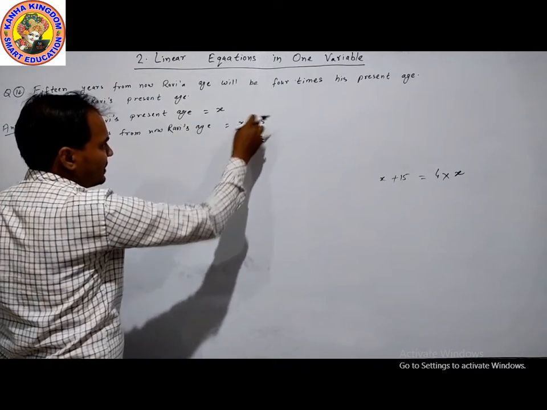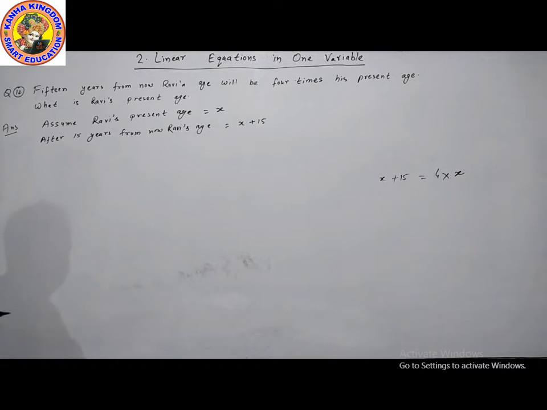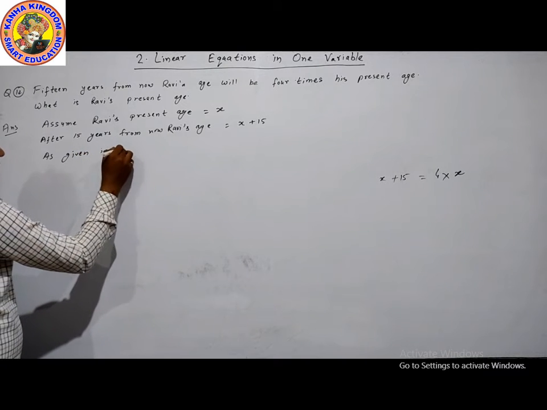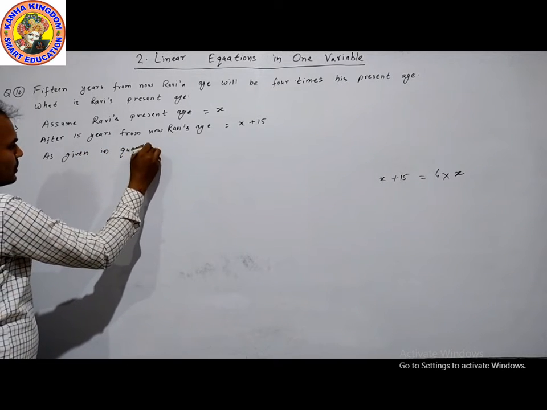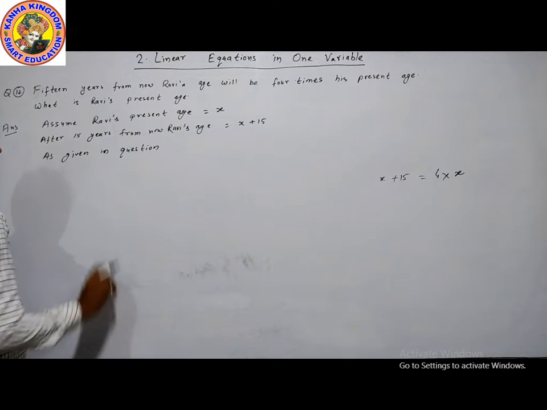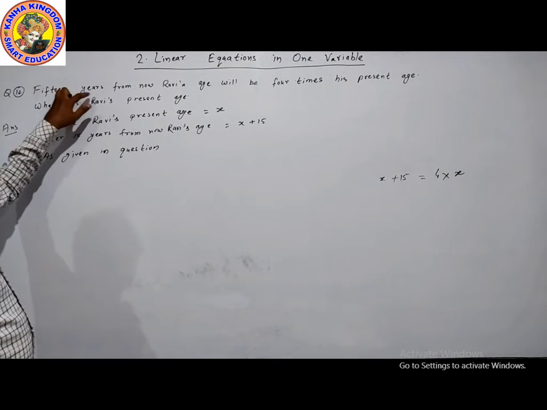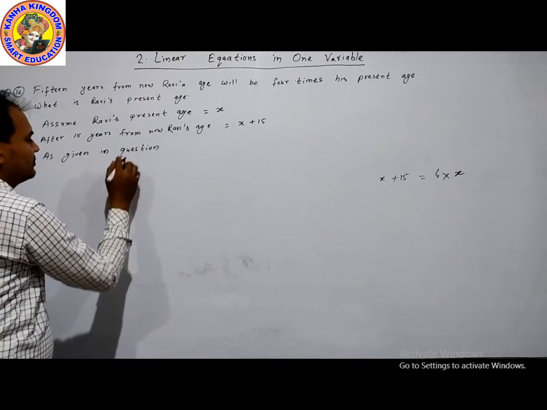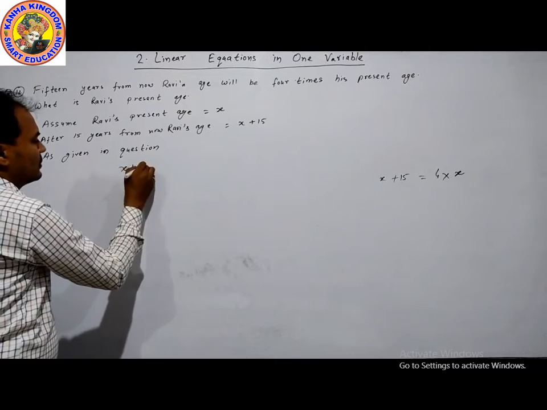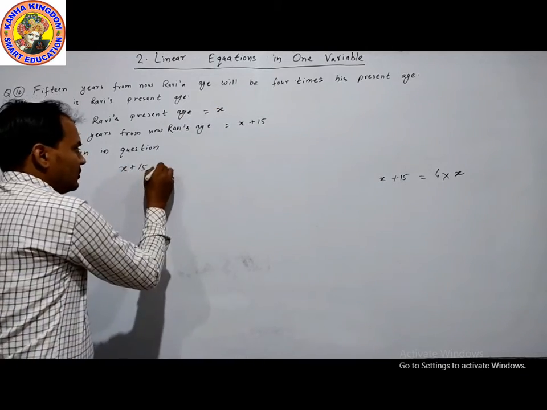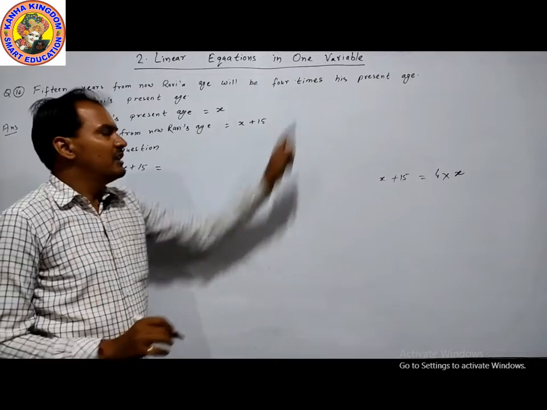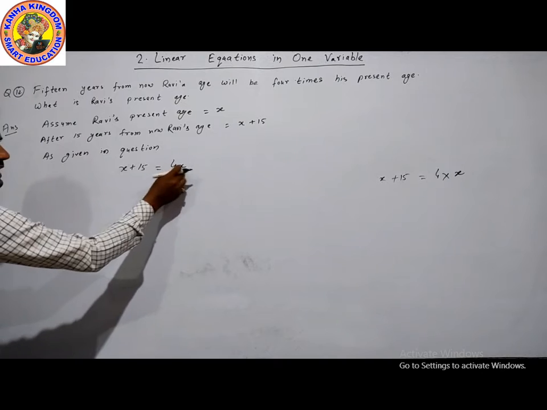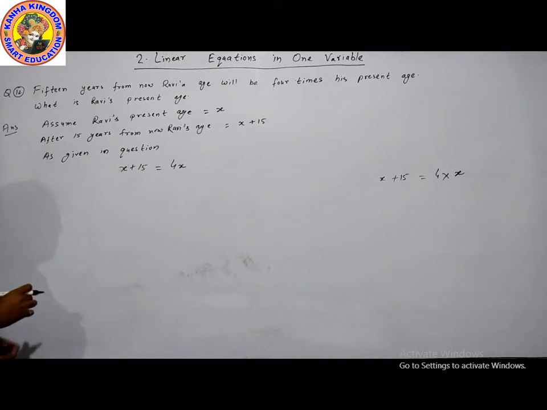Present age is x. After 15 years, x plus 15. Age given in the question: 15 years from now, Ravi's age x plus 15 will be equal to 4 times his present age, 4 times x. Present age is x, so 4 times x.